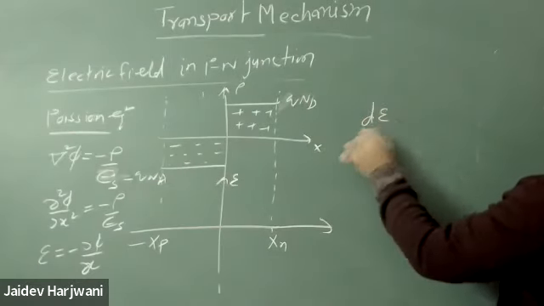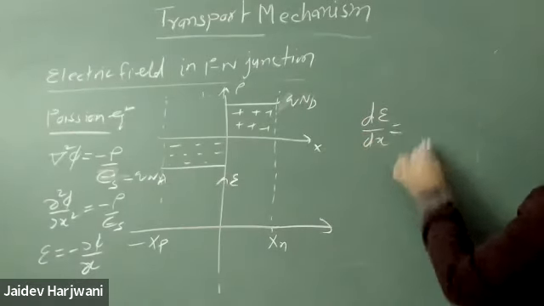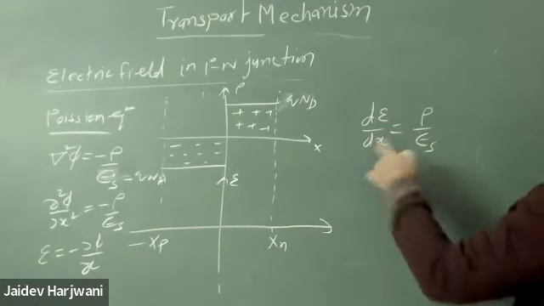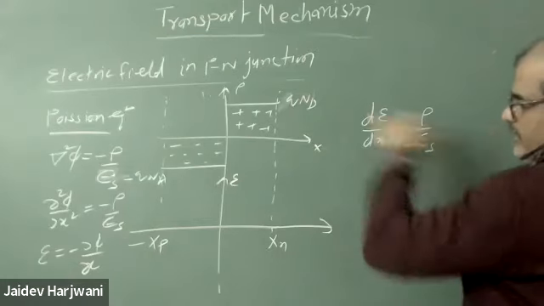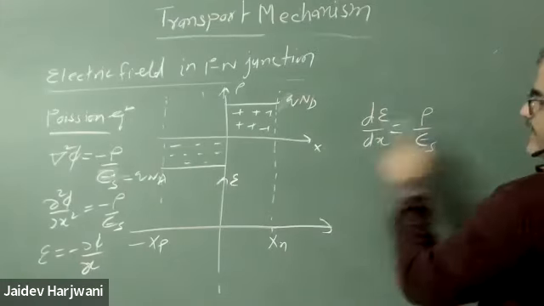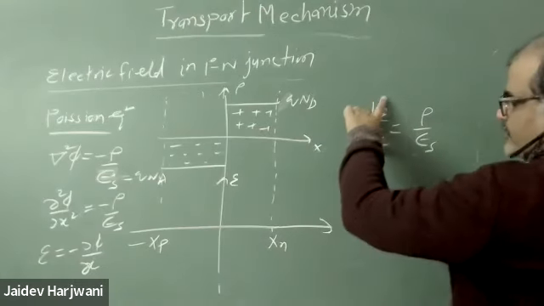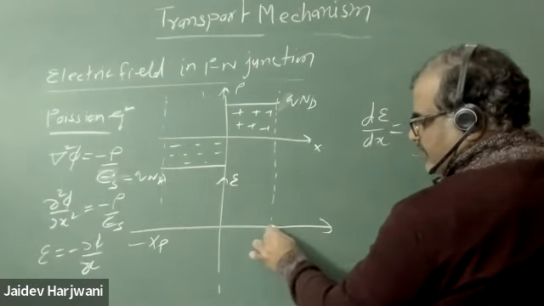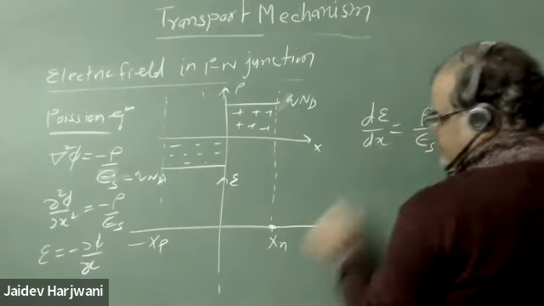I can find the electric field from dE by dx equals rho by epsilon S. This is the slope of the electric field. On the N side we have positive charge, so the slope is positive. At the boundaries you have zero electric field and the slope is positive.